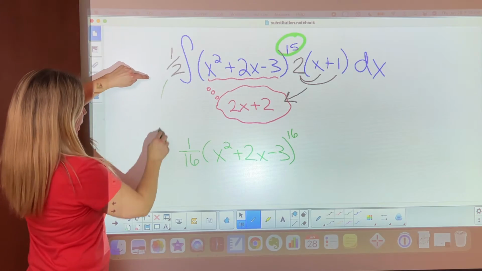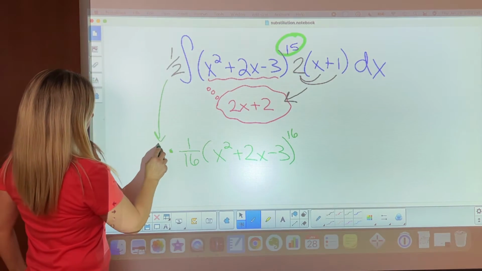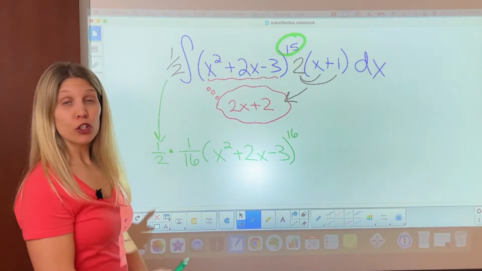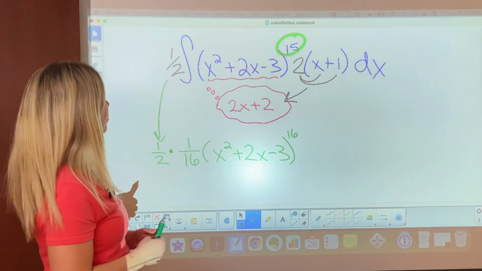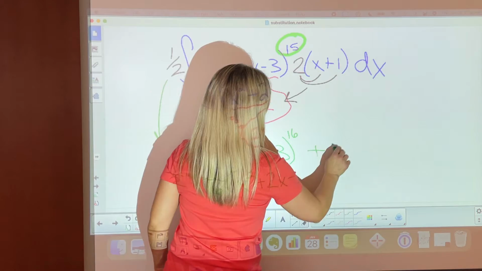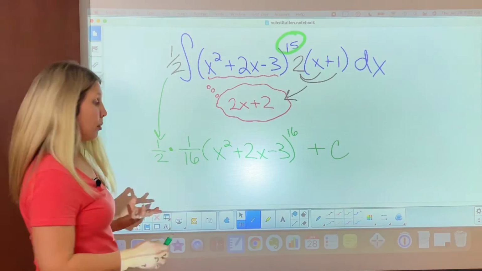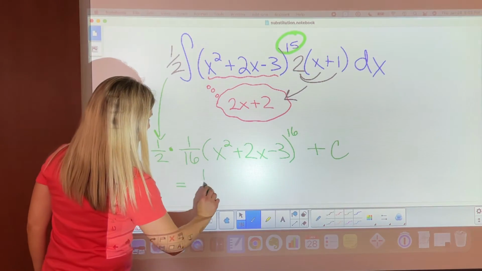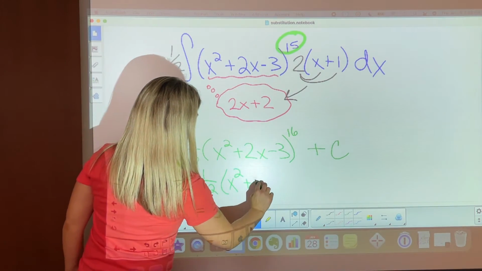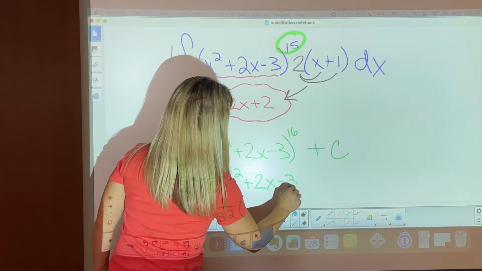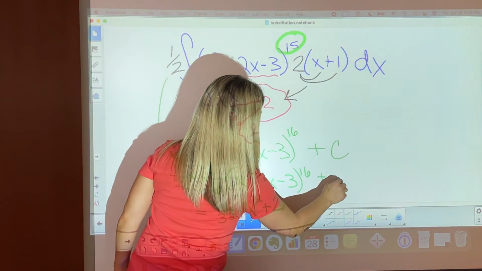But we have this 1/2 that also has to come down here. The derivative of the inside piece does not show up in our answer at all, but we do have to add a plus c. Now you just simplify your answer. Now you have 1 over 32, leave the inside piece, 2x minus 3 to the 16th power plus c.